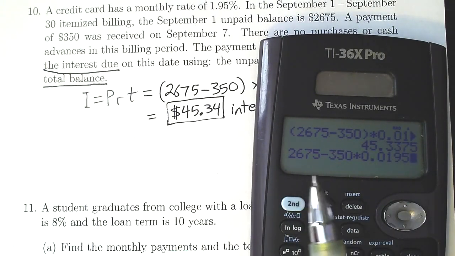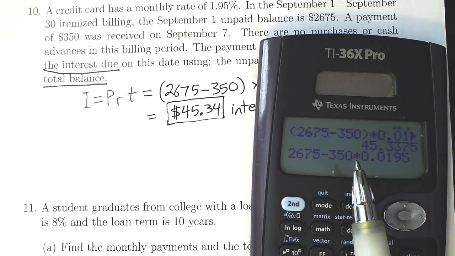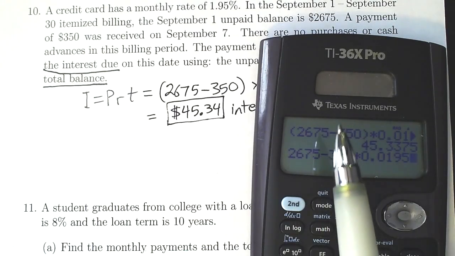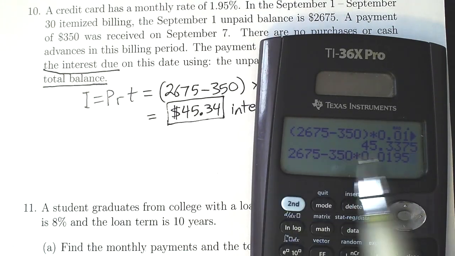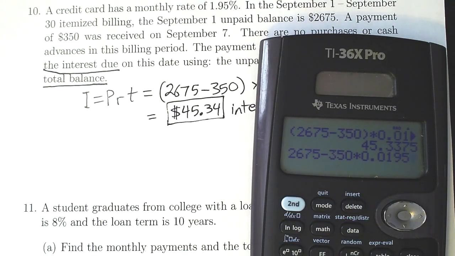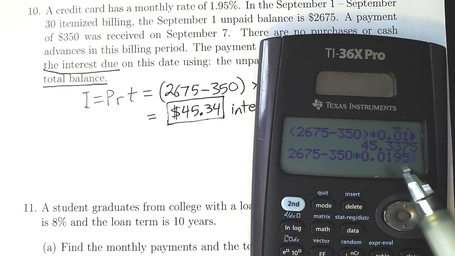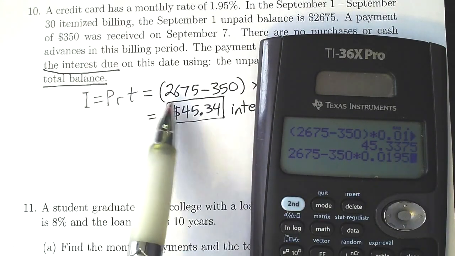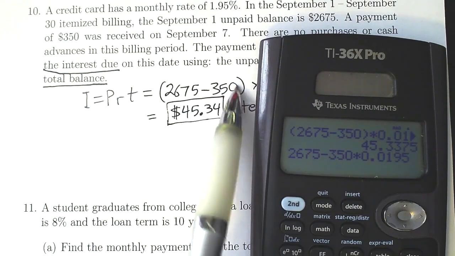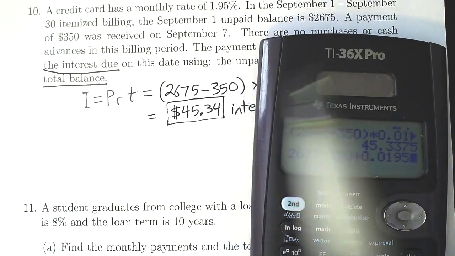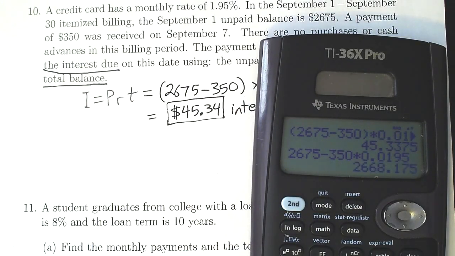Because in math, there's order of operations where things in parentheses happen first, and then multiplication, and then addition and subtraction. So if I hit enter here, my calculator thinks I only want to multiply the 350 times the decimal. And that's not really what we want. On our page, we wrote it well. We want this entire amount to get multiplied by the decimal. So this is going to give me a wrong answer.